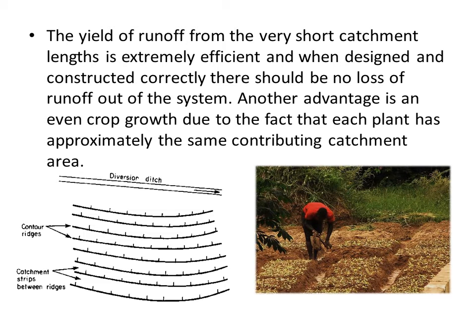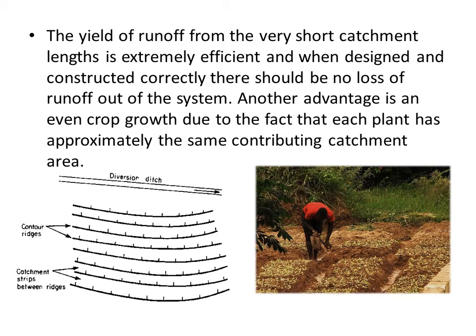The yield of runoff from the very short catchment length is extremely efficient, and when designed and constructed correctly, there should be no loss of runoff out of the system. So in this contour bunding system, more runoff is collected and it is more efficient because there are no losses in the system.